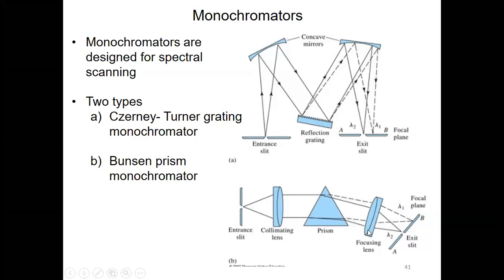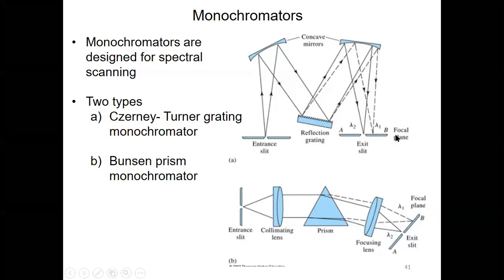Now there's a focusing mirror, and from the focusing mirror, same as here, the light will be focused on the focal plane. And the exit slit is kept here. The desired wavelength, with the desired lambda value, can exit from the exit slit, right? So same thing, only the orientation is different.